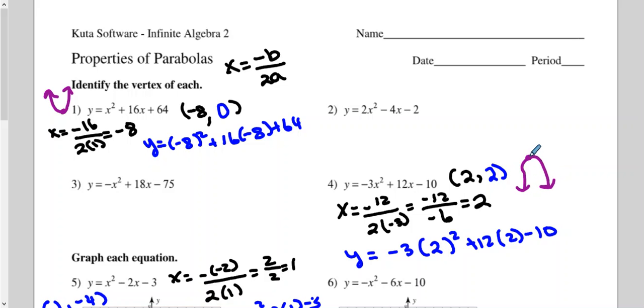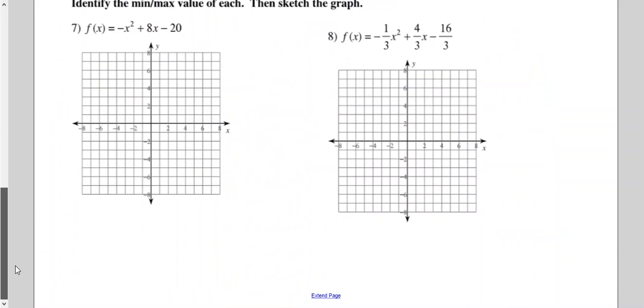Then it would have a maximum value at 2. So this one would be a min, and this one would be a maximum value at your y-coordinate 2.